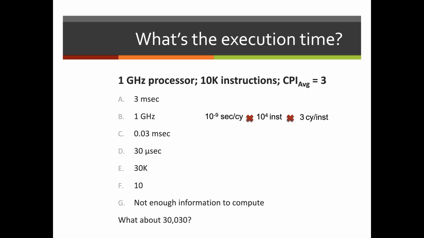And then we're going to multiply that by our CPI. As we work to reduce that, it will simplify to our result. That's a simple enough approach for determining the execution time based off of given parameters such as the processor speed, the number of instructions to be considered, and a known CPI.